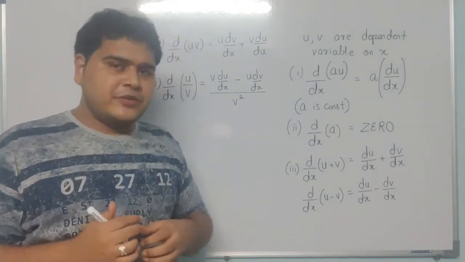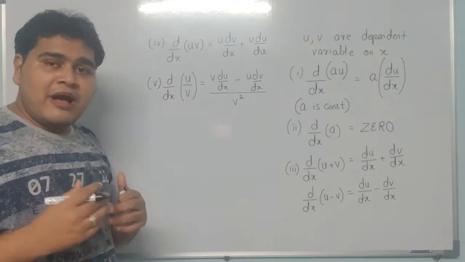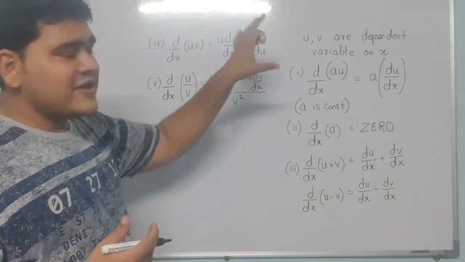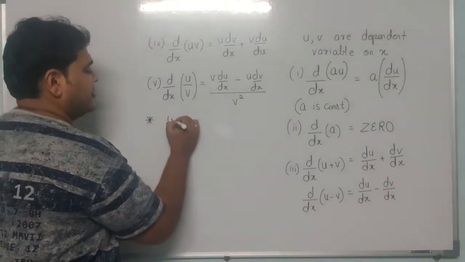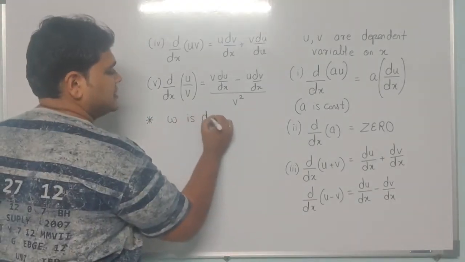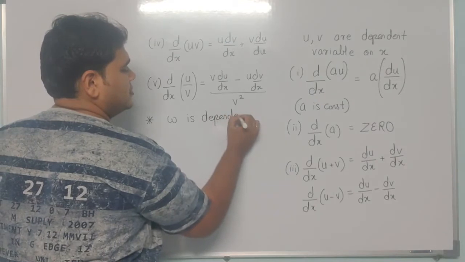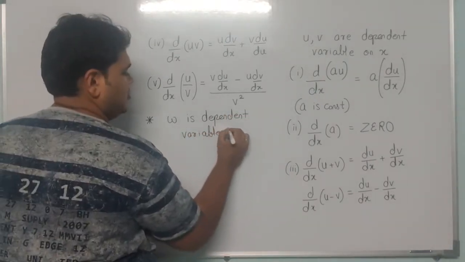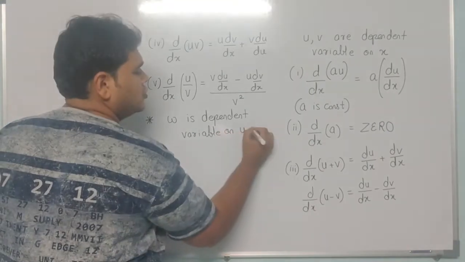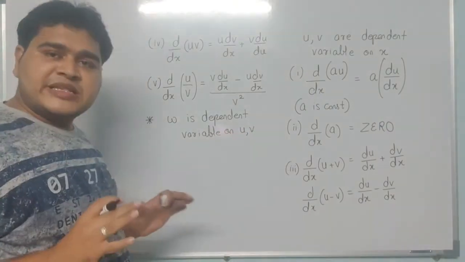Now the last property, where I'm going to have one more extra thing apart from u, v and x. What if w is a dependent variable on u and v? Basically w depends on u and v.